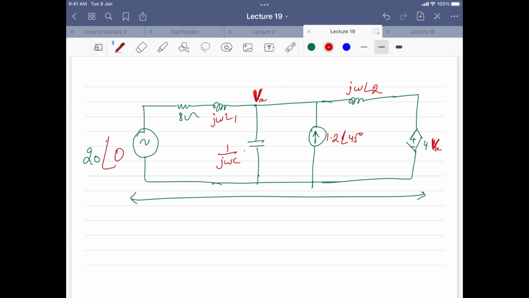So if I want to write nodal analysis, let me know if I am writing it wrong, and if you are comfortable with this.